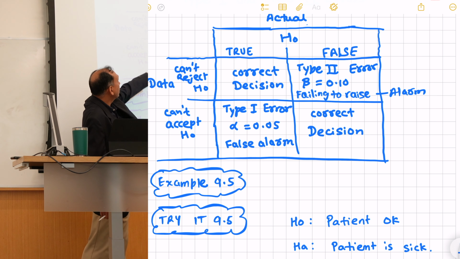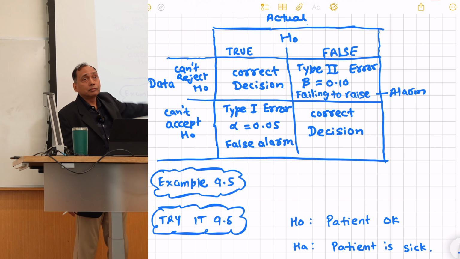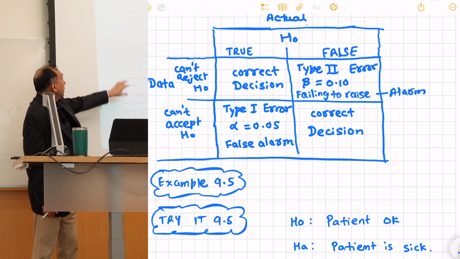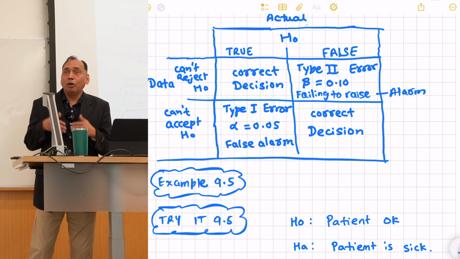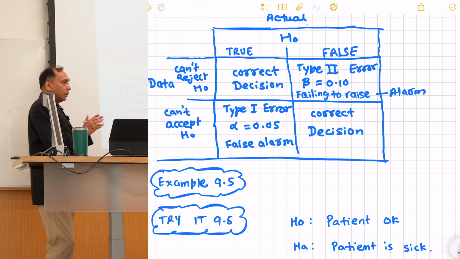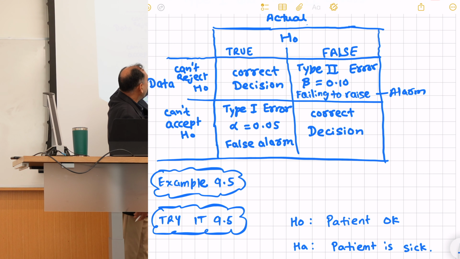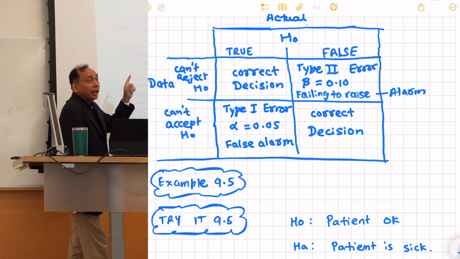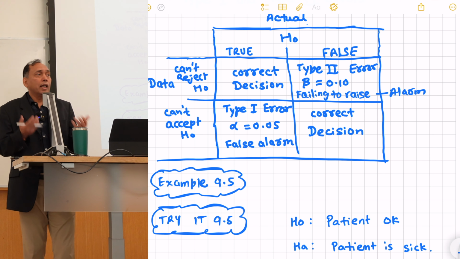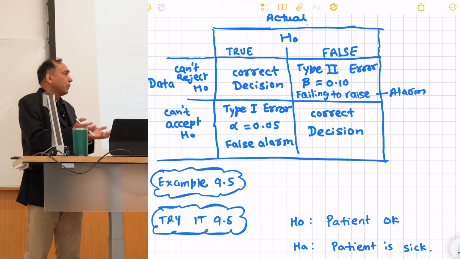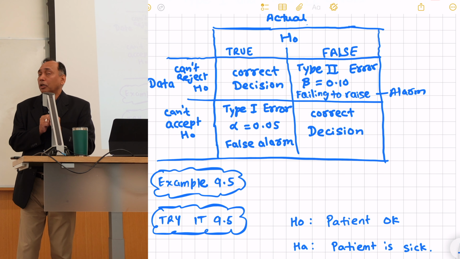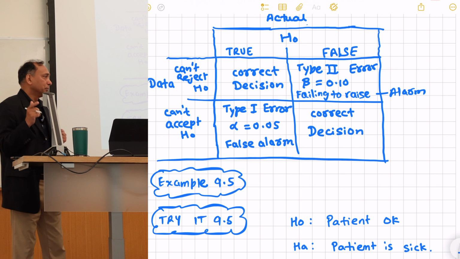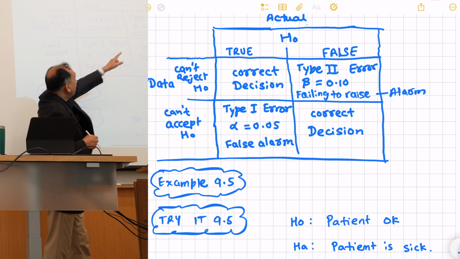Type 1 error means patient is normal, healthy, and then based on the test you find that patient has cancer or some other problem, whatever you are testing for. So that is type 1 error. Type 2 error is actually patient has a problem, has cancer or has COVID or whatever problem, but based on the samples you collect, you are not able to catch that. So that is type 2 error.